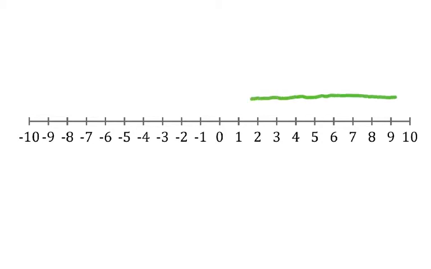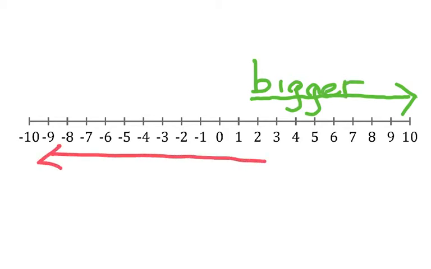So if you're going to the right, the numbers get bigger. And if the numbers go to the left, they get smaller.